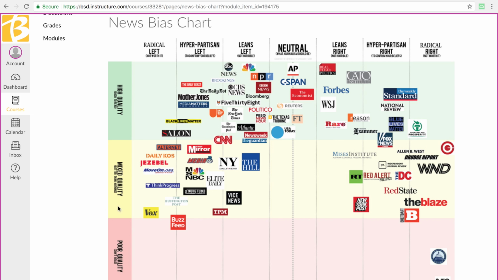And as we get down into the mixed and poor quality, that's where you have people with less training, where their opinions guide their research and their abilities more than an attempt to be objectively unbiased in what they do.